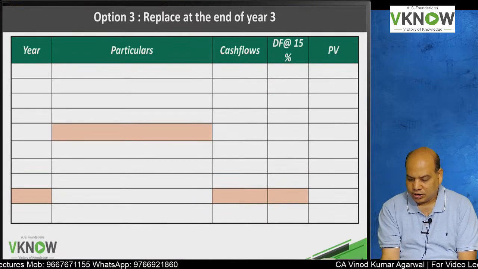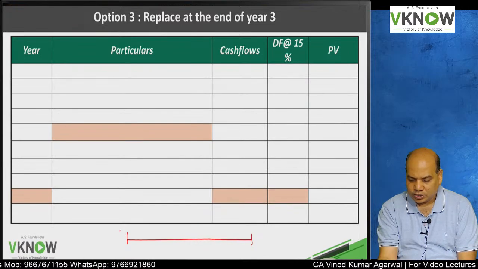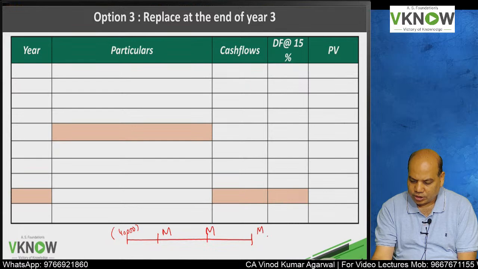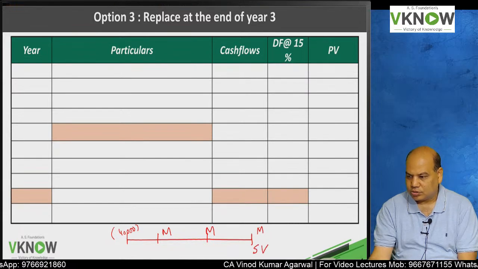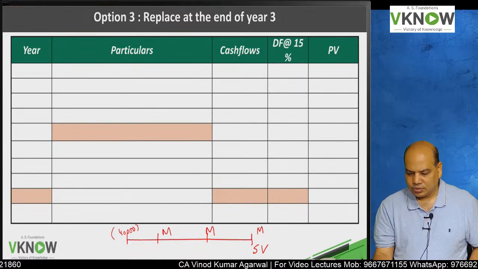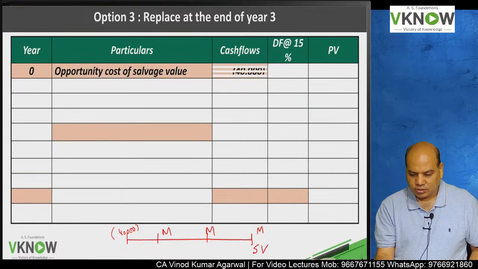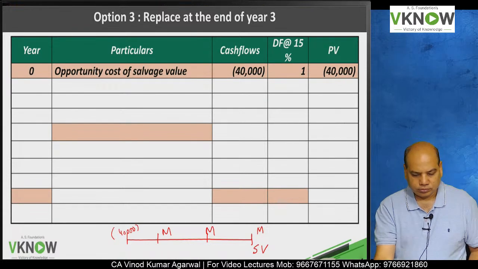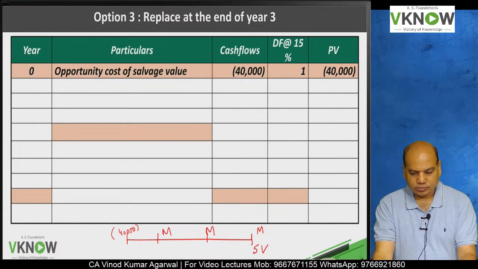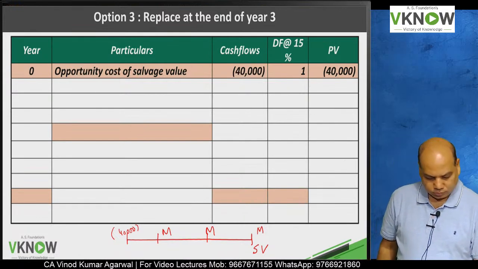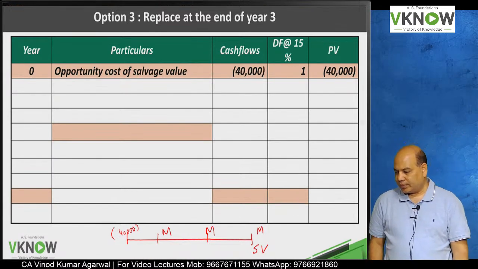Okay. Now write down replace at the end of year 3. Replace at the end of year 3 means today the opportunity cost is 40,000. You will incur maintenance cost for 3 years, and then in the last year you will get the scrap value also. Right? Right hand side, draw this table. Same process will follow. Opportunity cost of salvage value 40,000.